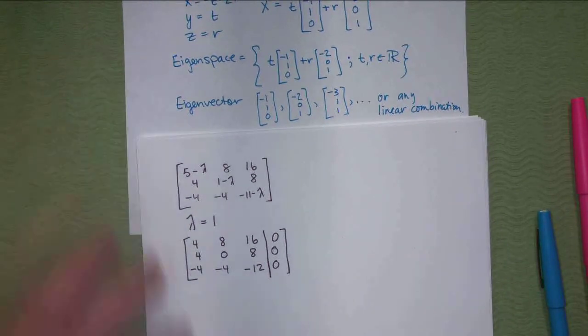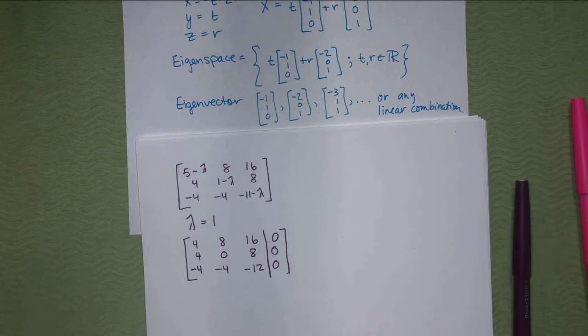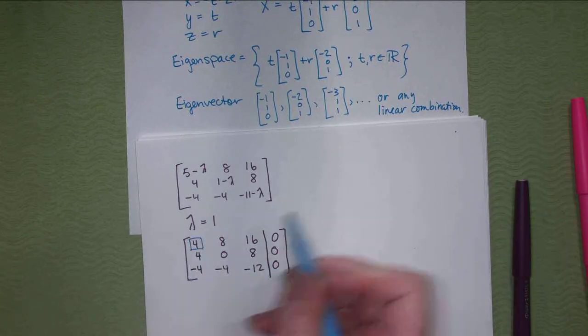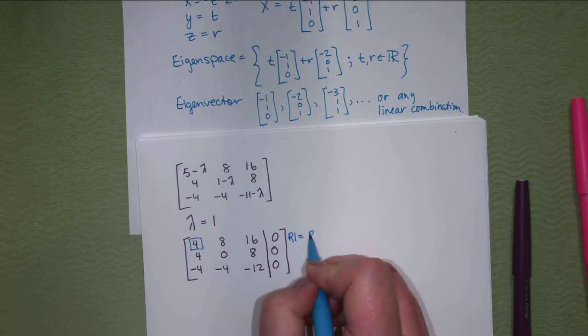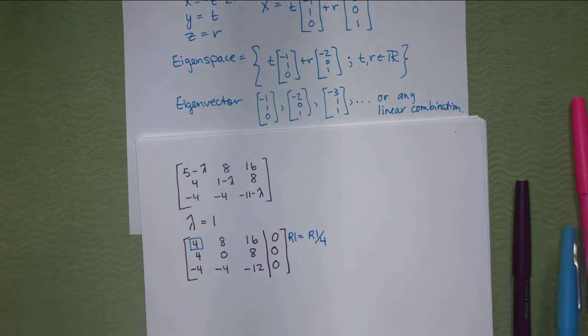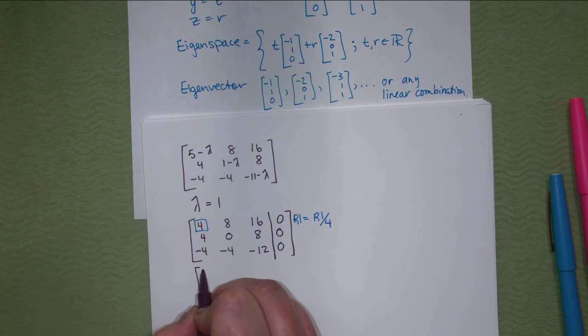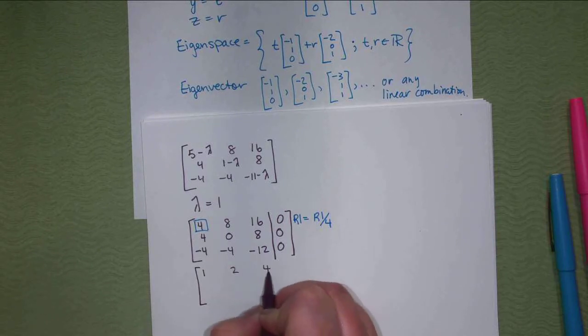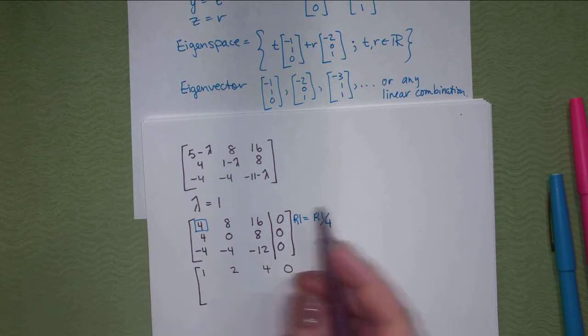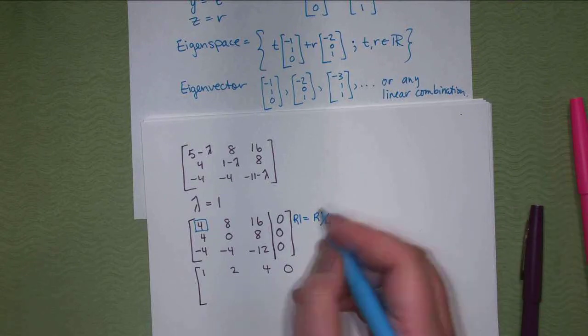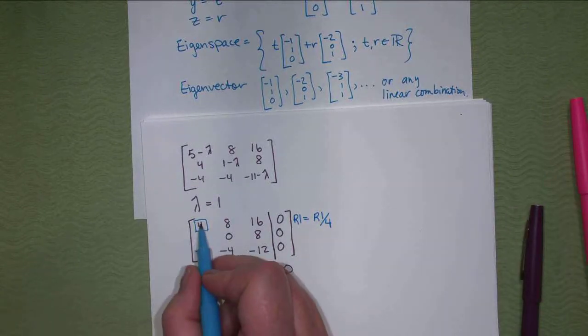All right, so let's row reduce it. So this one I can't jump to the answer, but row 1 is row 1 divided by 4. This is a 4 already, so I can just do the zeros from here.